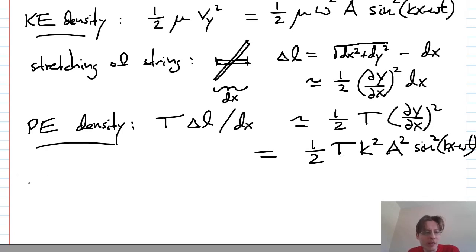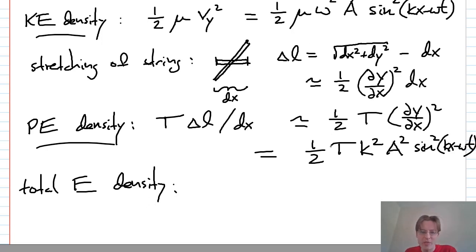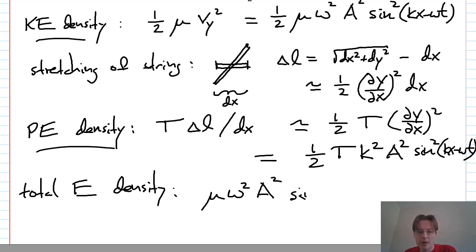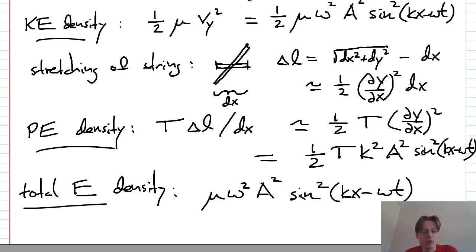So the total energy density is these two added together, but they're really equal to each other. So the total energy density is just going to be equal to mu omega squared times a squared times sine squared (kx minus omega t). I added them up, but they're equal, so the half disappears.